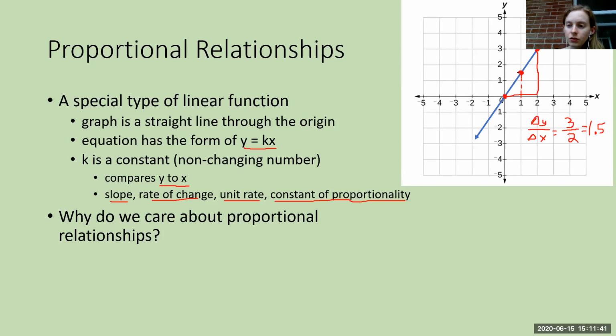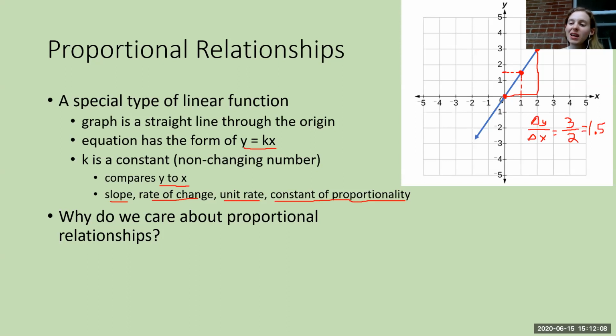And that does actually look like the point 1, 1.5. So that is lining up at about 1.5 on the y-axis. So that's another way that I can identify the slope, the rate of change, the unit rate, the constant of proportionality when looking at a graph of a proportional relationship.